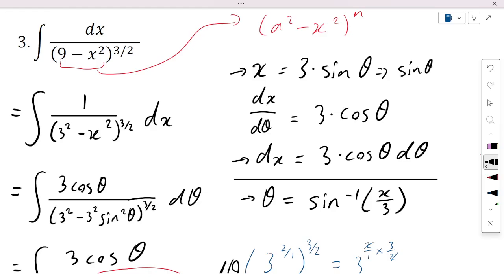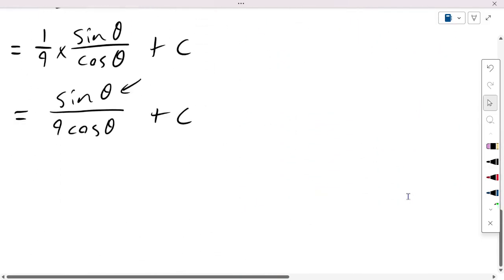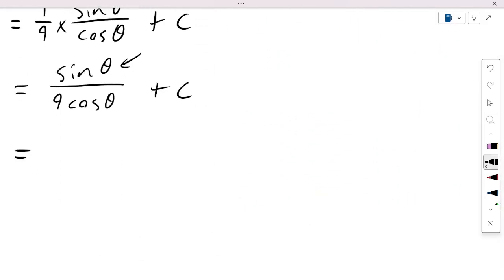Sine theta is equal to x over 3, right? Because you divide both sides by 3, and you get x over 3, which is equal to sine theta. So sine theta we can replace with x over 3. Ooh, we took the cool way out here. So this is going to be x divided by 3 all over, and then plus c.